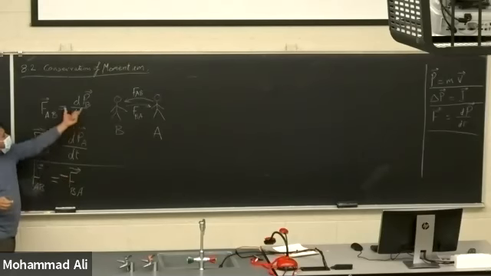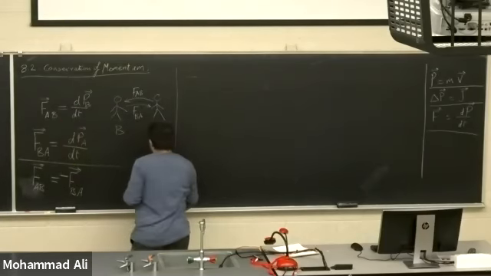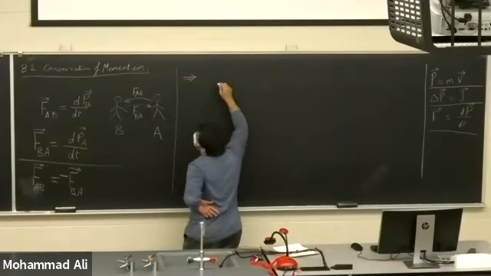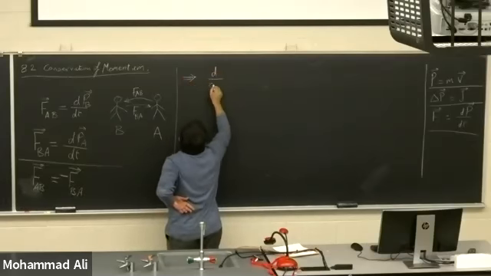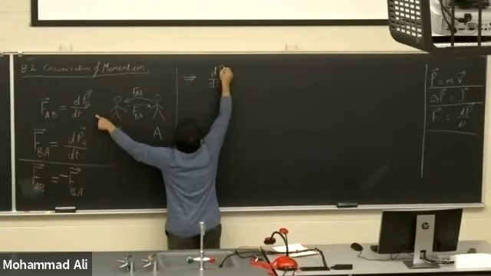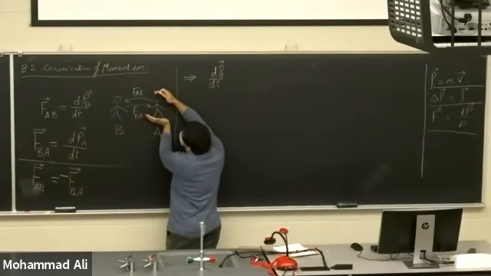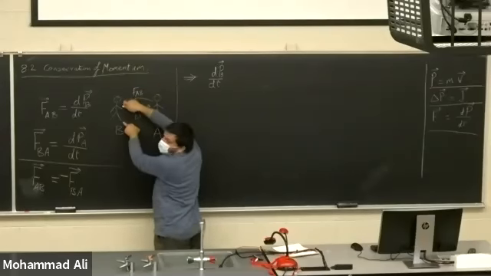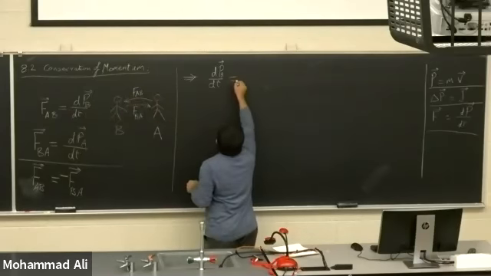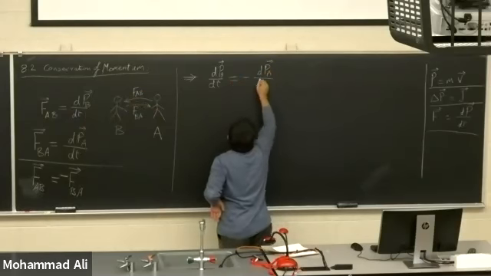Now we need to use the momentum representation for these forces. From that, we have d by dt of the momentum, the change in momentum on object B, because the first object A will apply a force on the other object B and move it, and vice versa, which is equal to minus dP_A by dt.